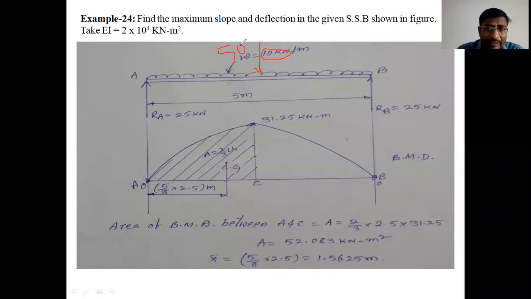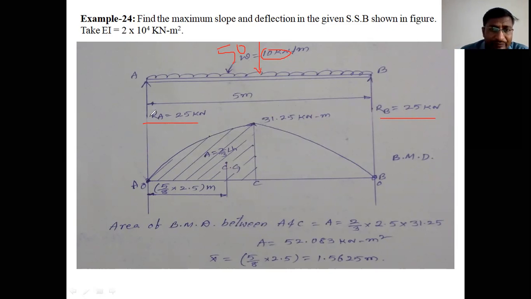Out of this 50, each support will share the same load. So the load shared by each support is 25 kilonewtons. Therefore, RA is 25 kilonewtons. RB becomes 25. Due to symmetry, we can say that RA and RB are 25 kilonewtons.